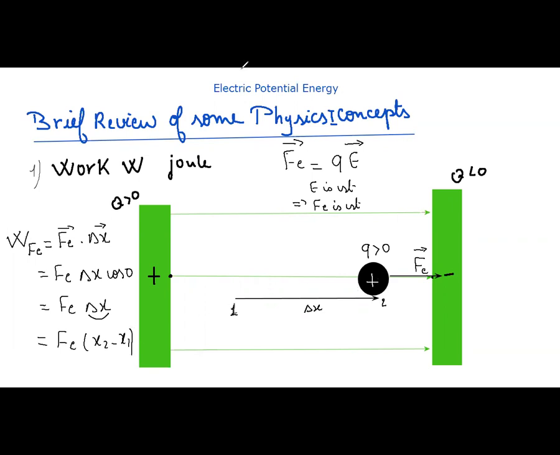Now at this position, I will apply an external F on the charge by an external agent, F agent. This FA pulls the charge Q back to the position 1 slowly, from here to here.